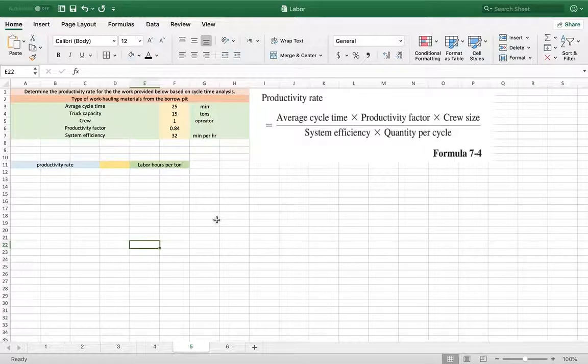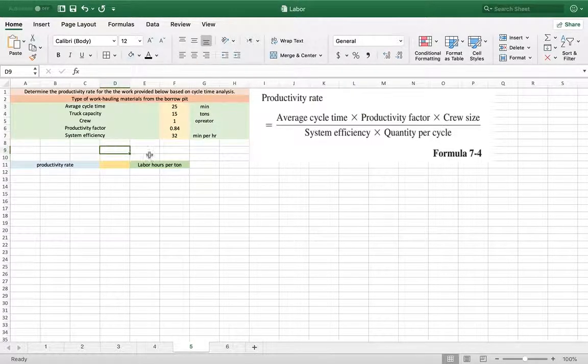So the 5th question, determine the productivity rate for the work below based on the cycle time analysis. So in this question, give us the type of work, average cycle time, truck capacity, crew, productivity factor, system efficiency. So to find productivity rate, we're gonna use the formula 7-4.